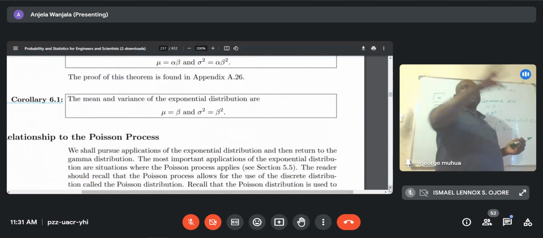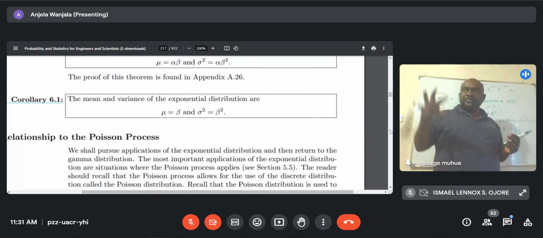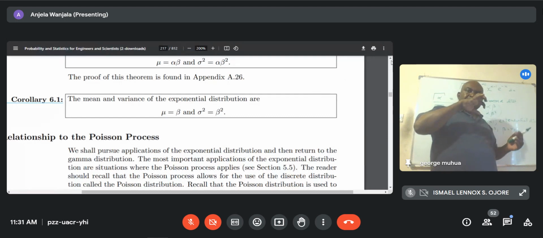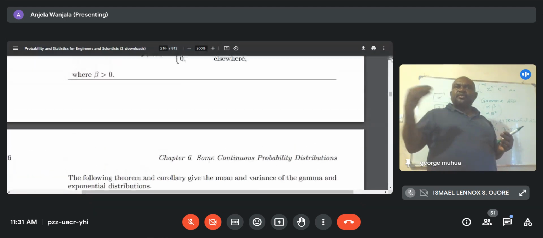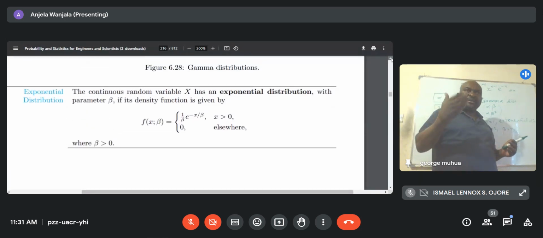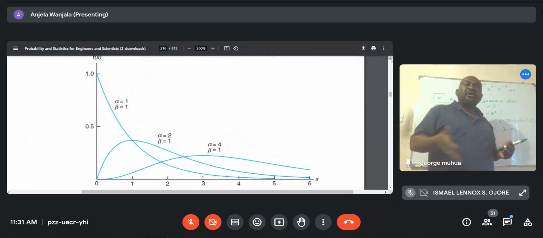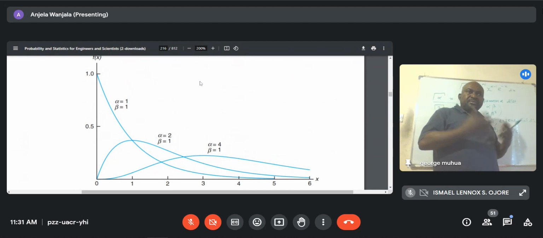So all these distributions you have come across, there are certain situations that they tend to the normal. You see, binomial tending to the normal, Poisson tending to normal. All these, even continuous distributions, would tend to the normal. The normal distribution is the most important distribution in statistics because most real-life situations follow a normal distribution.